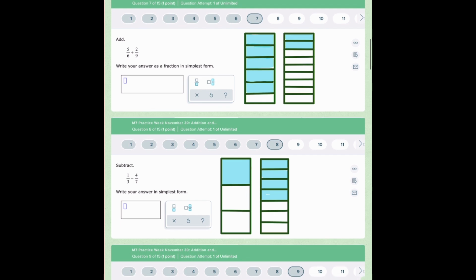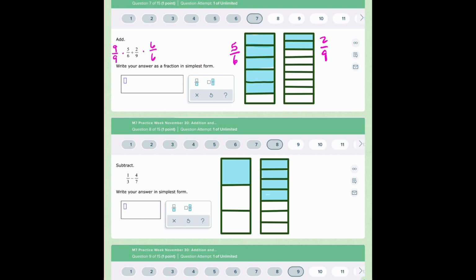All right, 5/6 plus 2/9, I drew for you here. And if we wanted to make a common denominator, we could multiply 6 times 9. We'll be multiplying times 9 over 9 here and times 6 over 6 over here.